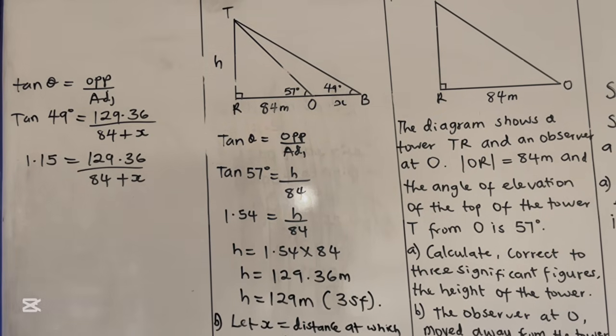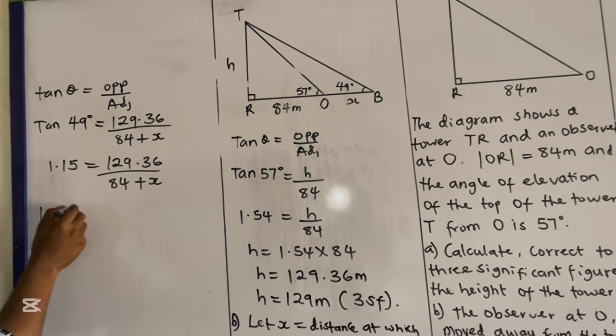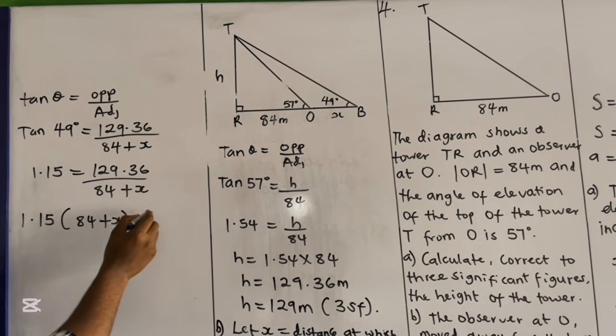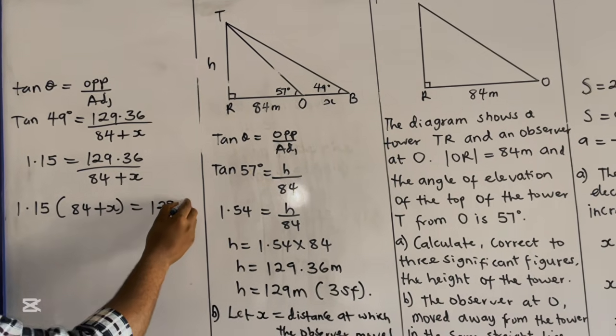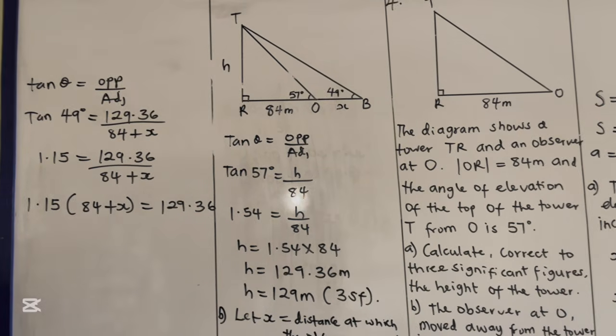So in this case, we are going to cross multiply. We have 1.15 in bracket 84 plus x is equal to 129.36. So in this case now, permit me to use my calculator.